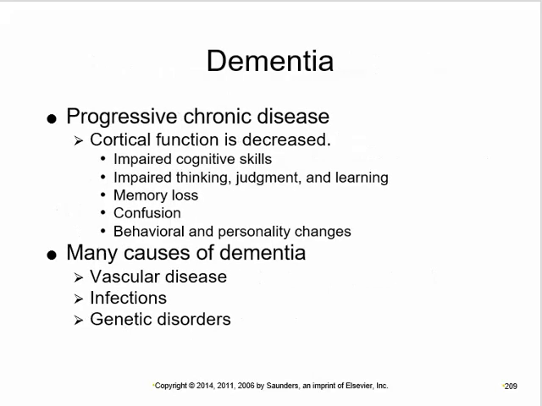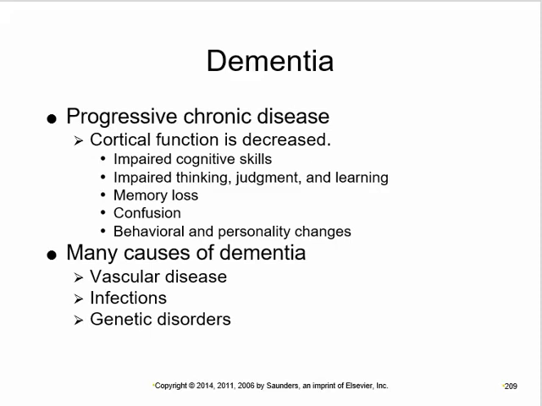This kind of leads us to dementia. And so dementia is a progressive, chronic thing. Cortical function decreases. Memory loss is usually the first thing that people see, but impaired cognitive skills, impaired thinking and judgment, learning problems, personality changes and behavioral changes are common.